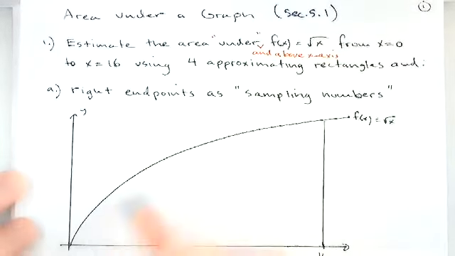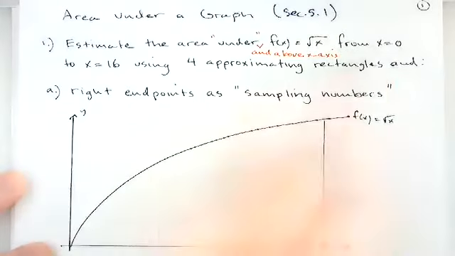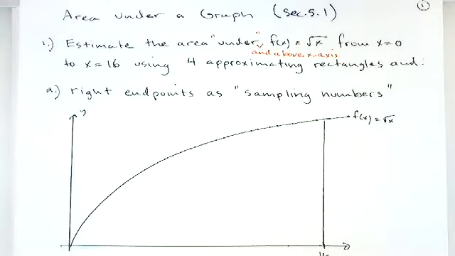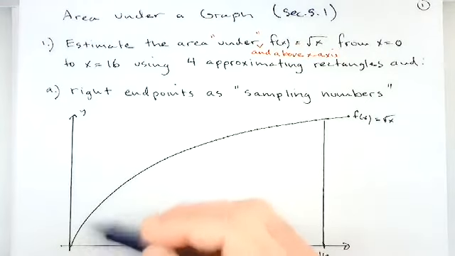So the square root graph looks like this. Between 0 and 16, what I want is to estimate the area under the graph, but still above the x-axis. If I can shade this in, I want an estimate for this area.